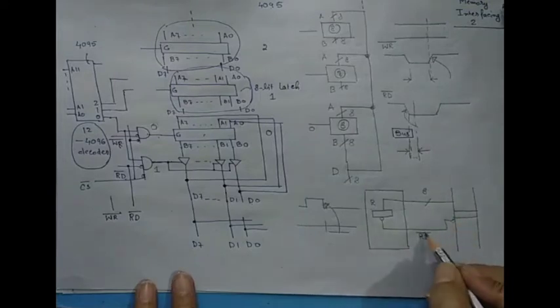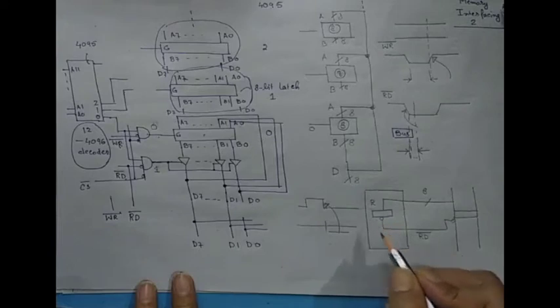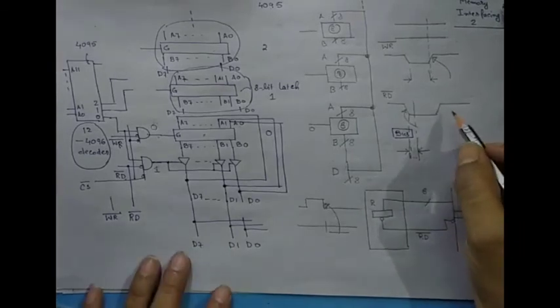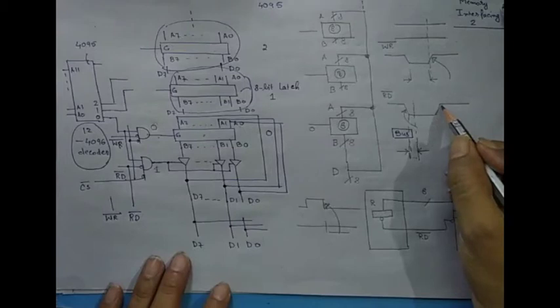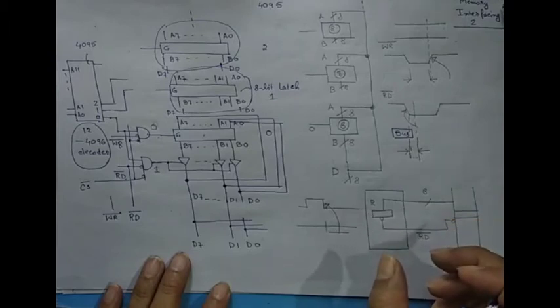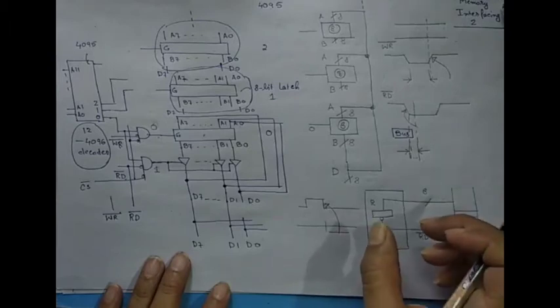And this read bar signal is acting as a write signal to this register. In other words, it is acting as a clock signal to this register, or as a strobe signal to this register. When read bar signal will be removed, when it will go from logic 0 to logic 1, that fact will cause the register to accept the data present on its input lines and store it inside it.